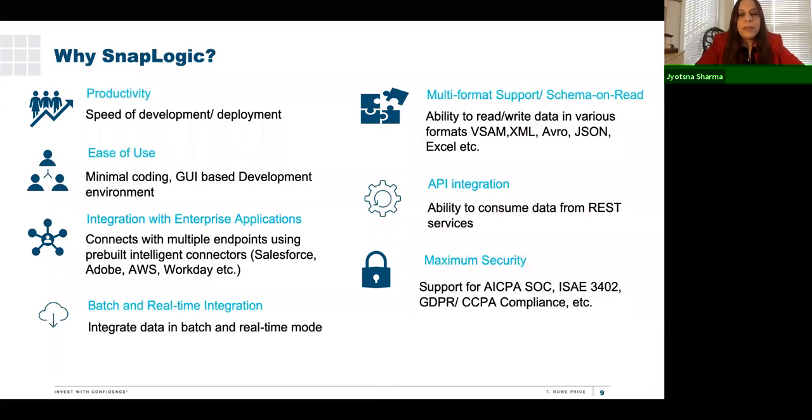The next slide delves a little deeper into why we chose SnapLogic, right? So we looked at a diverse set of tools and platforms. We completed multiple proof of concepts, and at the end of it, zeroed in on SnapLogic for a variety of reasons. I think it answered most of our critical questions and needs in terms of technical and business functionalities, the where, when, what, how to incorporate our data into the customer 360 we were building.